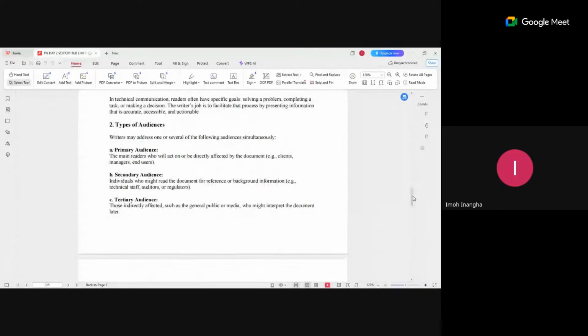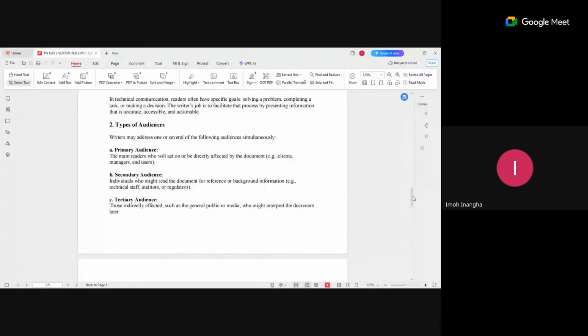We have the primary audience, the main reader who will act on or be directly affected by the document. Example, clients, managers, and users. Secondary audience, individuals who might read the document for reference or background information.